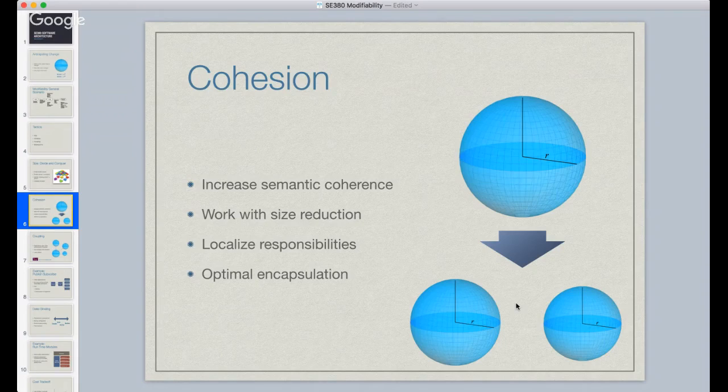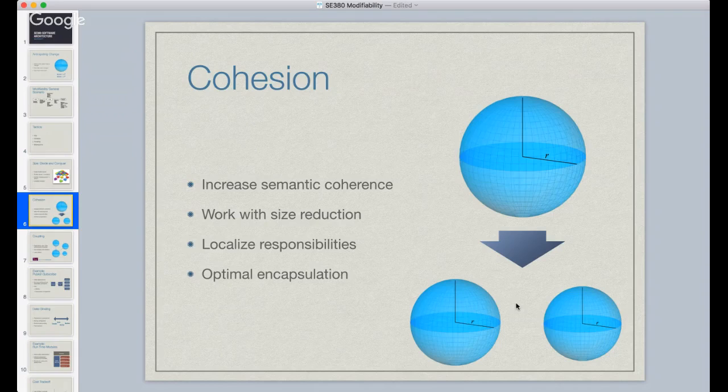And we might break it into two or more subcomponents that are more related to each other. The items within them are related to each other, such that if a particular function changes or a particular quality changes, I may only have to address one of those components. So we're trying to localize those responsibilities.